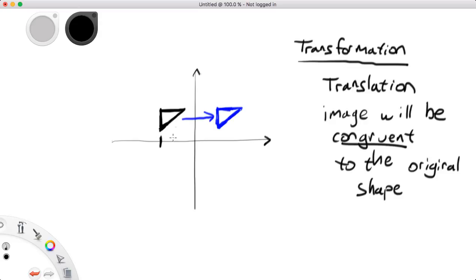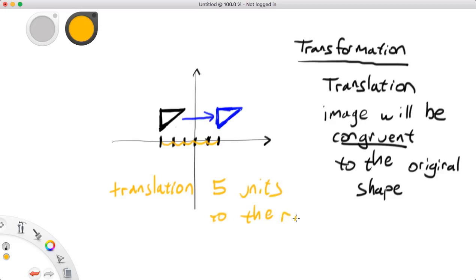Let's say we were going to take this and move it over this direction. Your image, which is the thing that I'm drawing in blue now, is going to be congruent, and I'm trying to make this as congruent as I possibly can. So it's going to be the same exact shape as your original shape, as your pre-image. It's just going to be moved over.